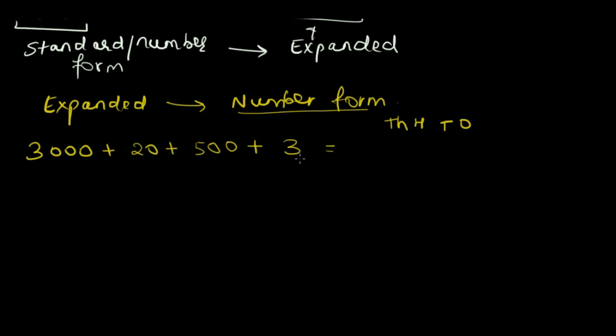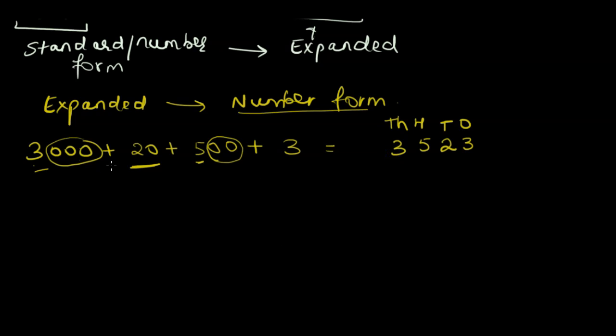Now, which number has no 0 behind it? 3. I'm going to put 3 under the ones place because the ones place has no 0 behind it. Then the tens place should have 1 zero behind it, and I locate 20, which has 1 zero behind it, so 2 goes here. Then 5 has 2 zeros behind it, so 5 goes at the hundreds spot. 3 has 3 zeros behind it, so 3 goes at the thousands spot.